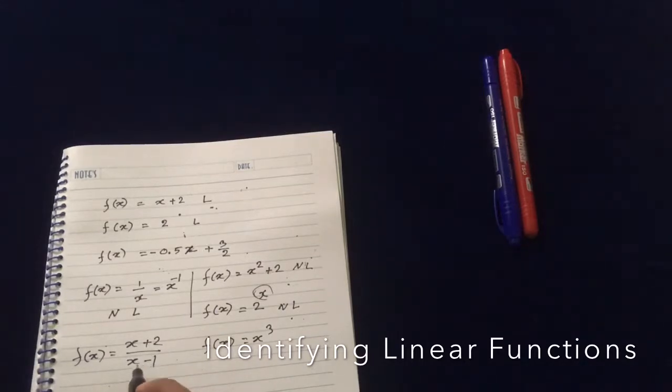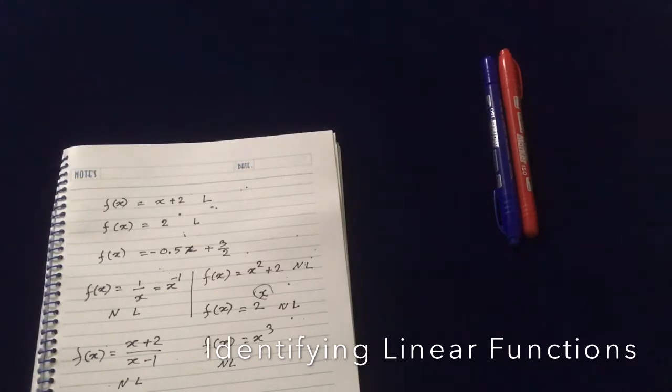As you can see, this is a rational function. If this is 1 by x, then x becomes x to the power minus 1. This x is our problem. Somehow this x will go up, and then the power is negative, so this is also non-linear. These all are non-linear functions.